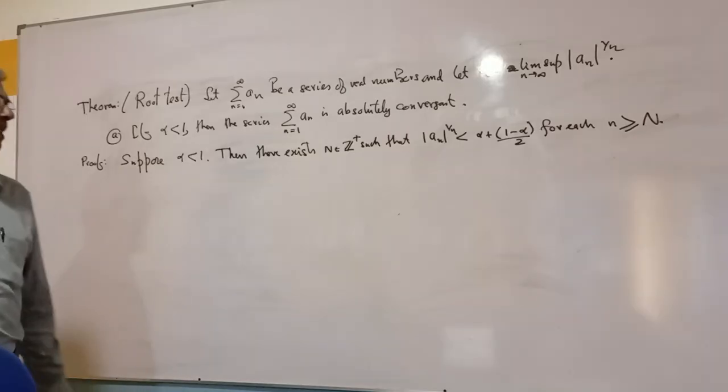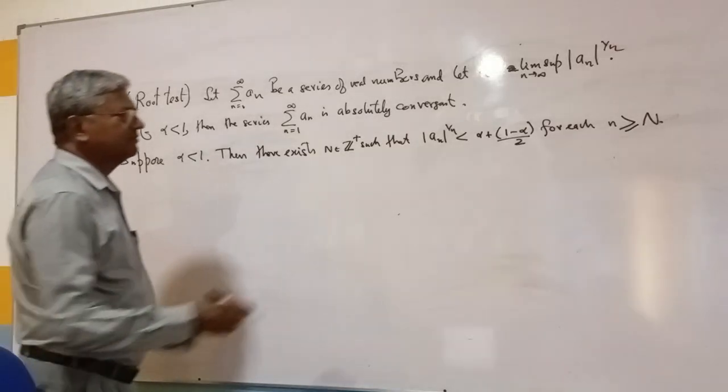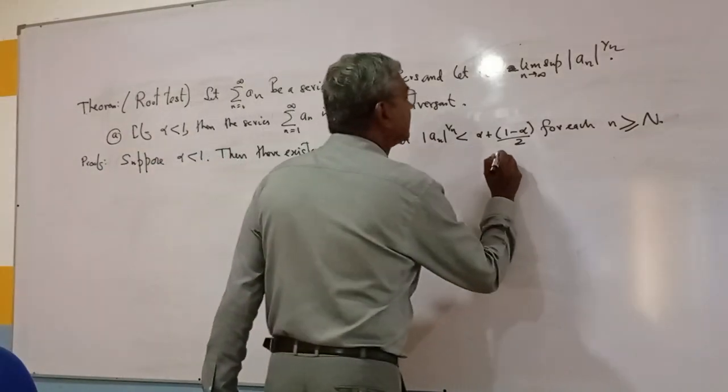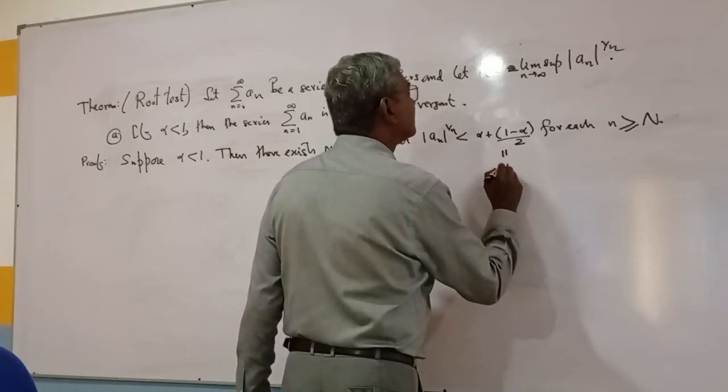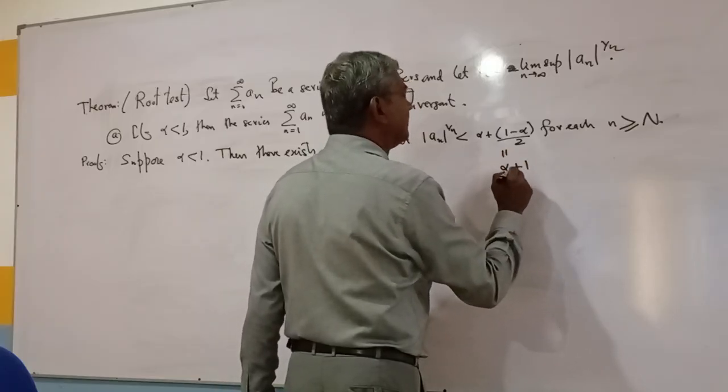Two conditions. So if you simplify this, what will you get? (1 plus alpha) divided by 2, no? Yeah.